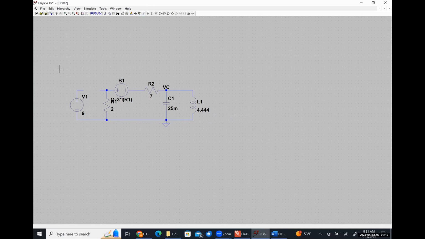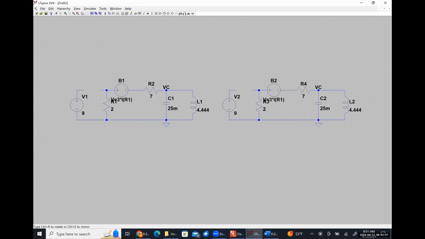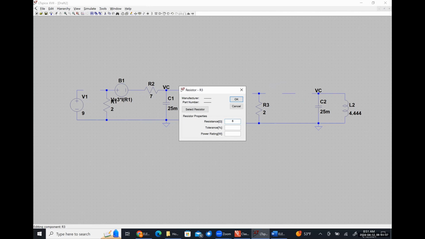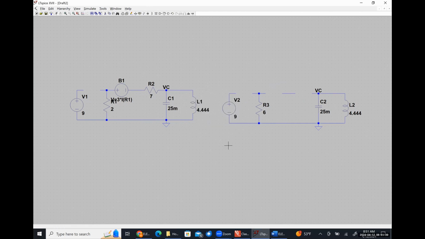My second circuit, I'm going to take a copy of this thing. Let's drop it over here, and I'm going to delete that, change this to a 6 ohm resistor, just the equivalent resistance, and then wire this thing up.